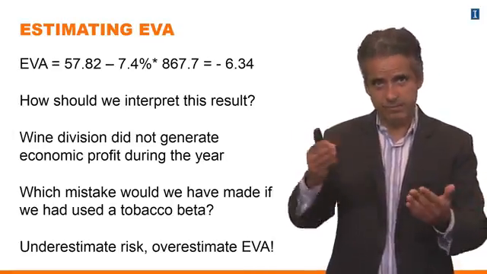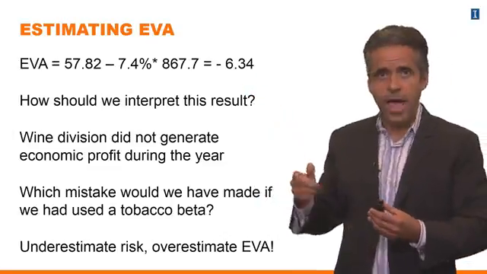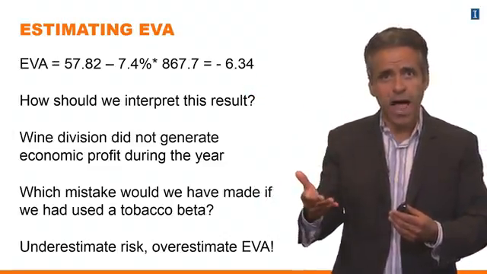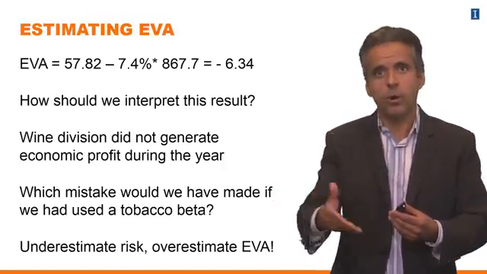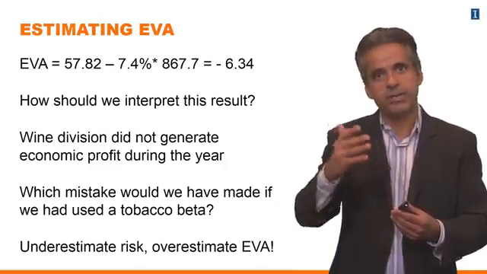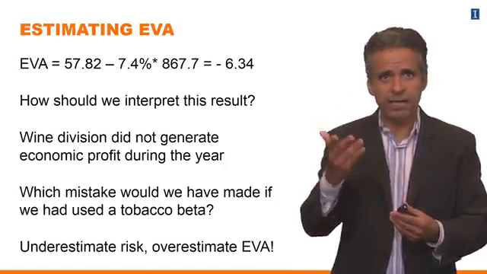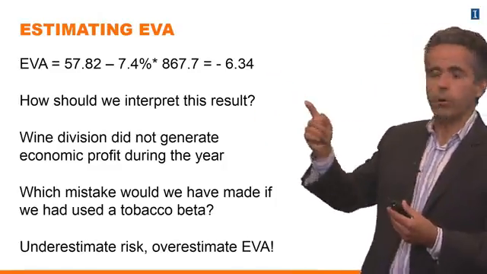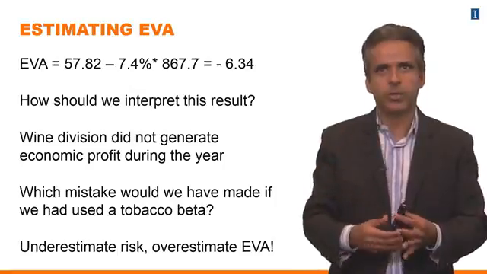So 0.5 is very different from 1. Because you're using a low beta, you would have ended up with a lower WACC, and you would be overestimating EVA, right? So for the company, it matters a lot. If you're using EVA for performance evaluation, for compensation, you have to try to get it right. So even if this calculation isn't perfect, it's definitely better than if we had used 0.5.